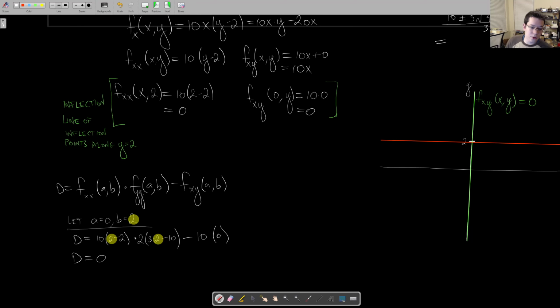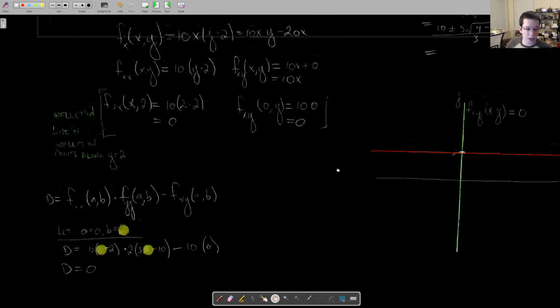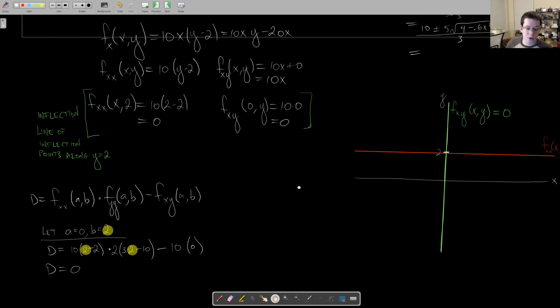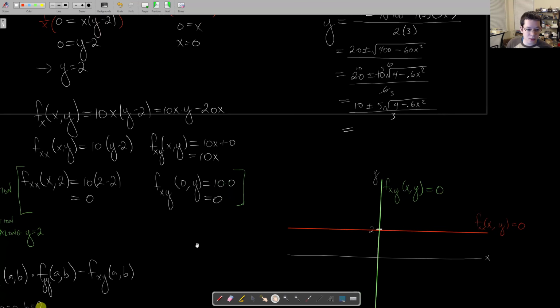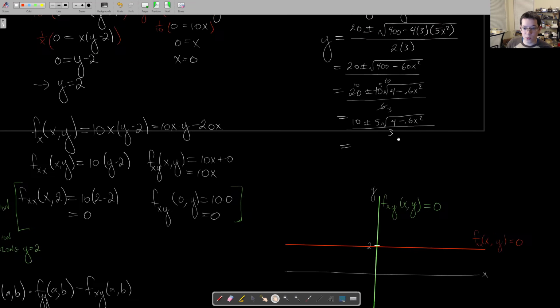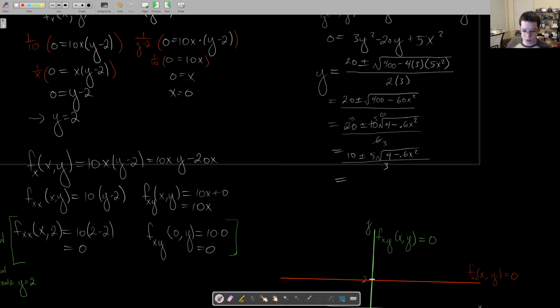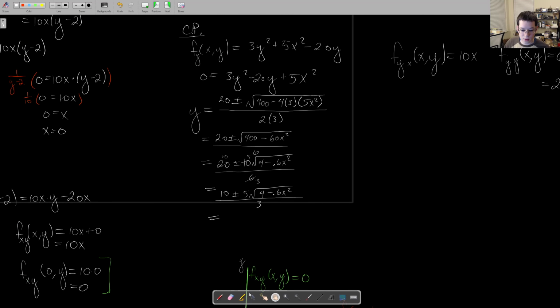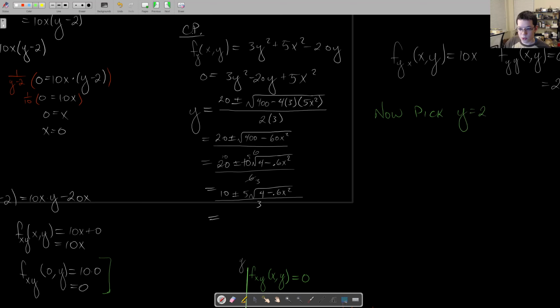So now we have to do another thing. We have to intersect these two options with this equation. So we need to pick y equal to 2.